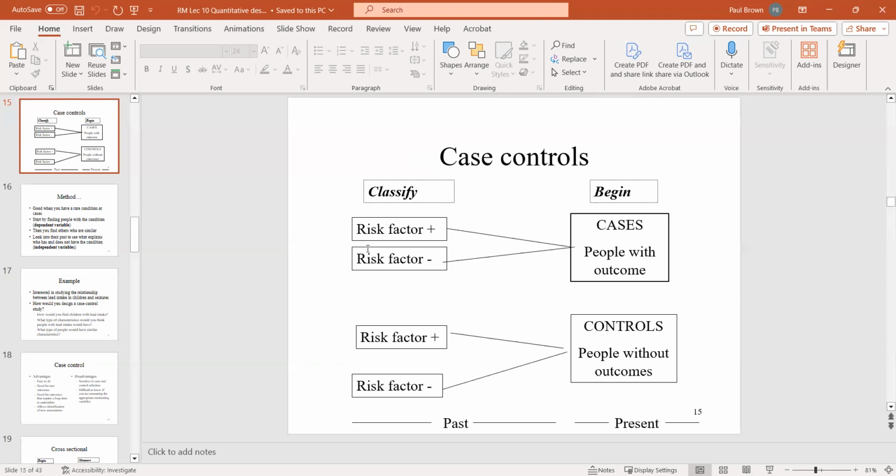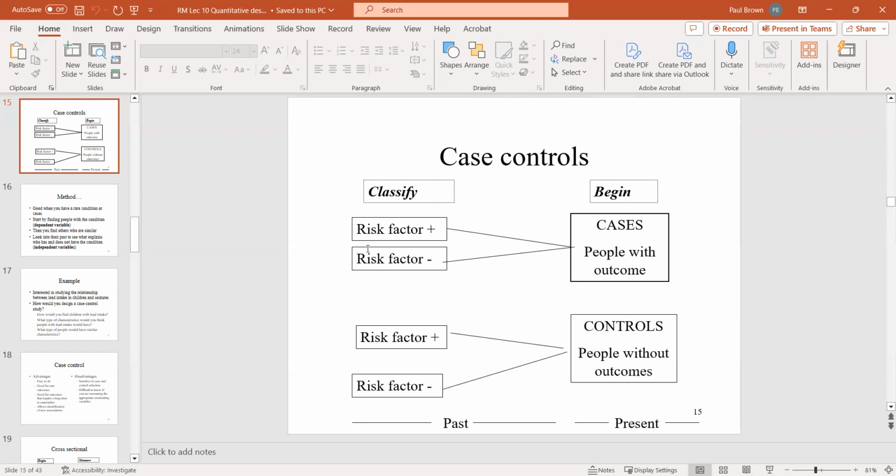Then you go and look in the past, you ask them questions to figure out, can you predict what is causing the seizures versus no seizures? Does that make sense? So this is a case control because you start with your cases and then you go back and look in the past.